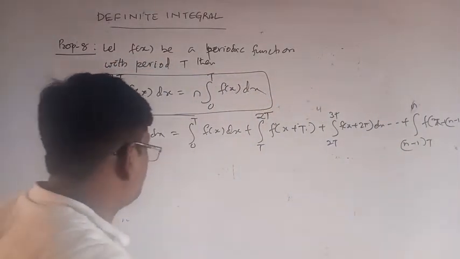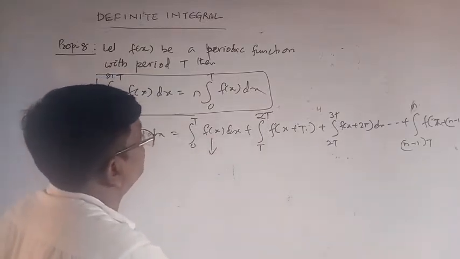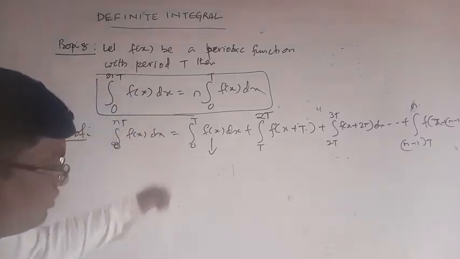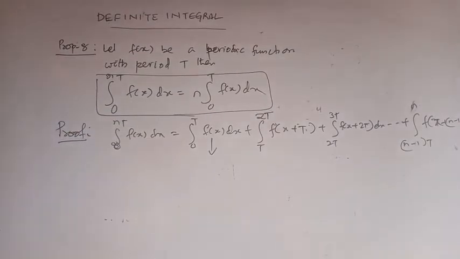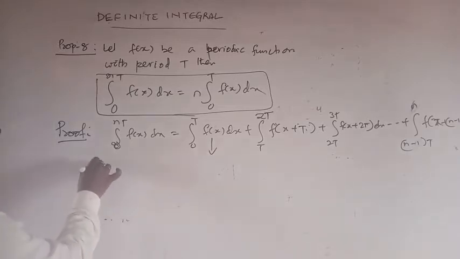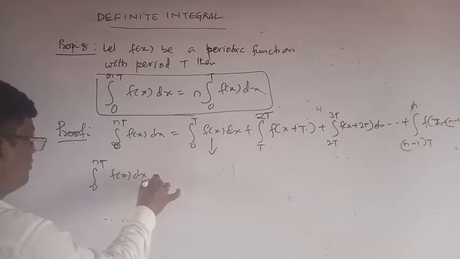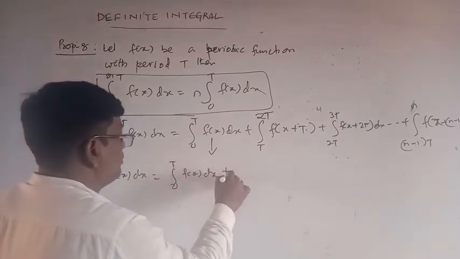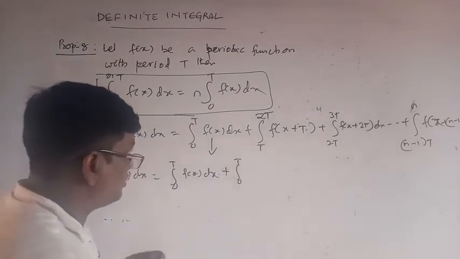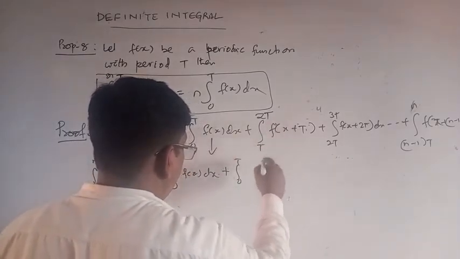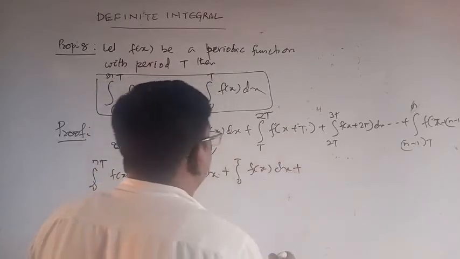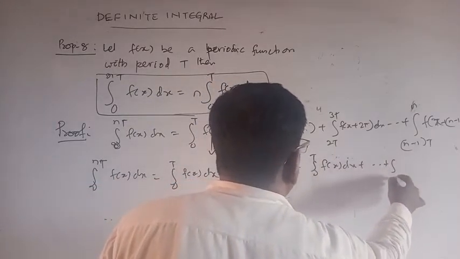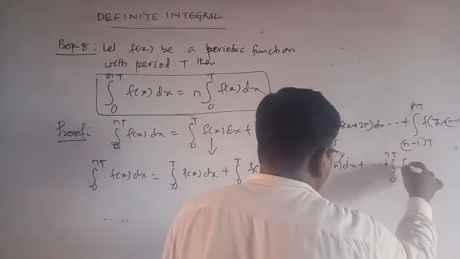Okay, so we can write this: the integral from 0 to nT of f of x dx is equal to the integral from 0 to T of f of x dx plus the integral from 0 to T of f of x dx, and so on.